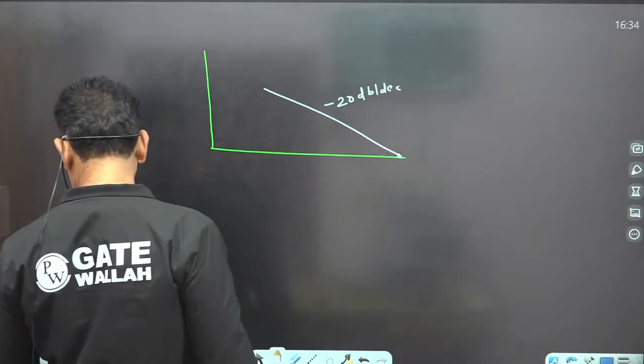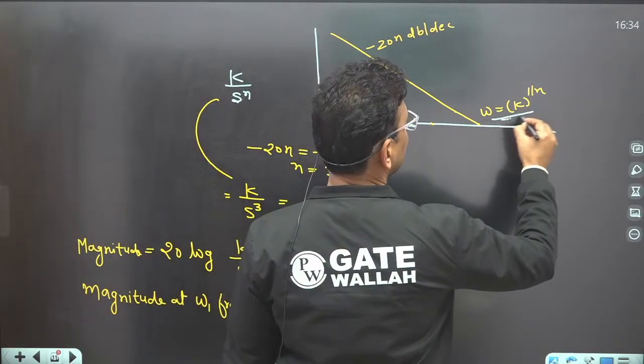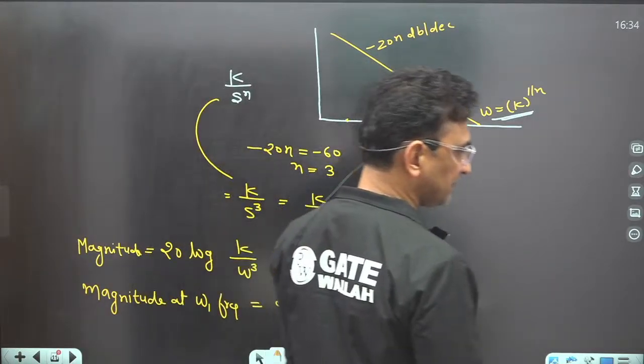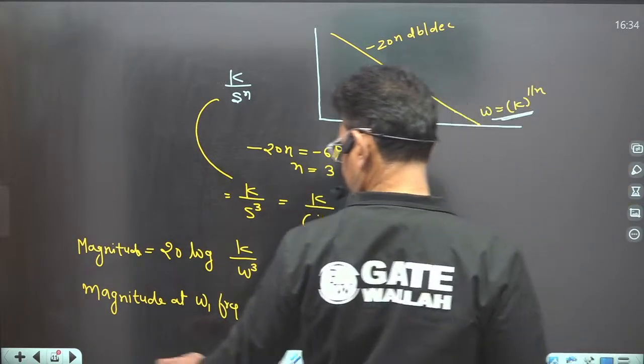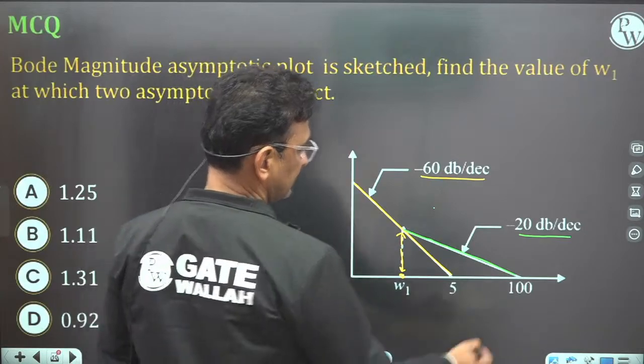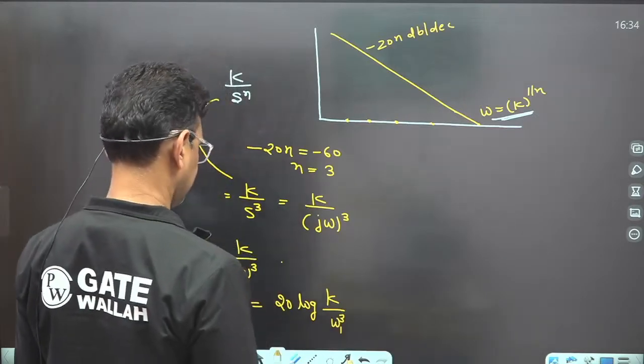I already found the frequency: k raised to the power 1 upon n. It is given as 100.